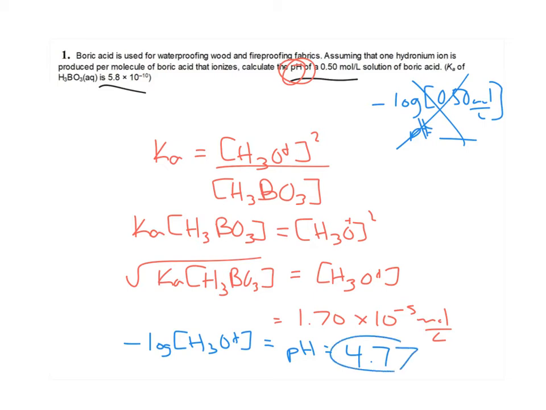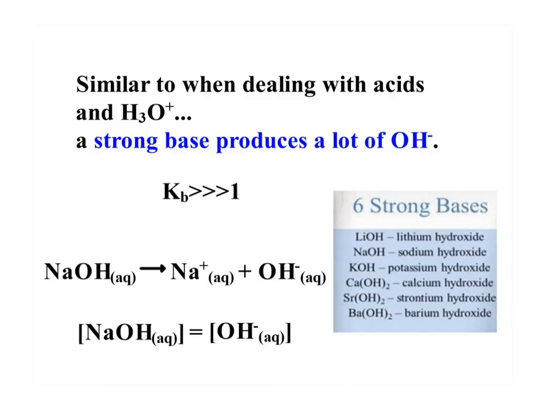We'll go to 2 decimal places. So there's my pH. Now, one thing to note, if we're dealing with Kas, we're dealing with hydronium ion concentrations. If it asks you for hydroxide ion concentration or something different, Ka can only be used with hydronium ion concentrations. That's Ka.